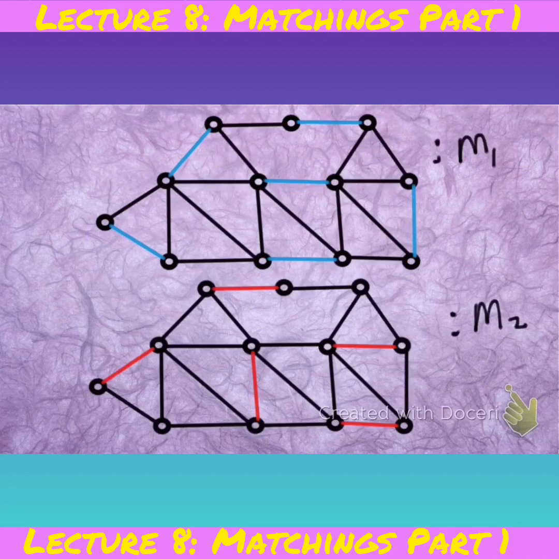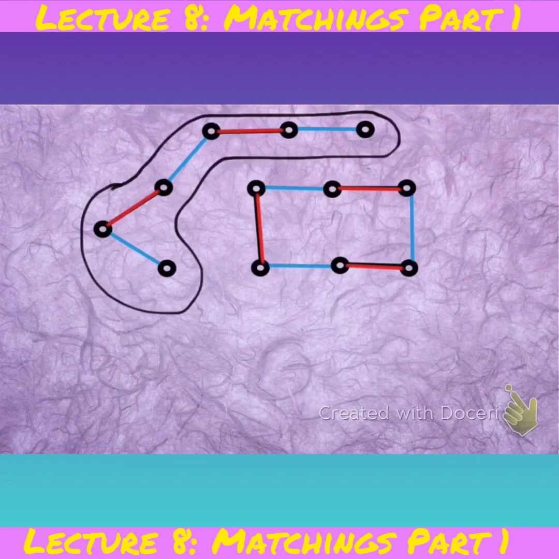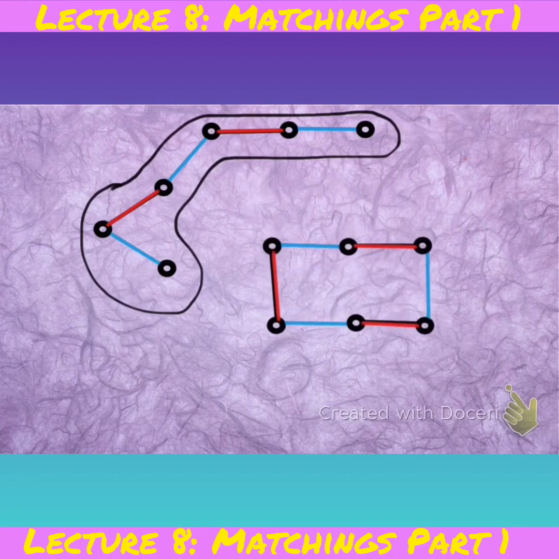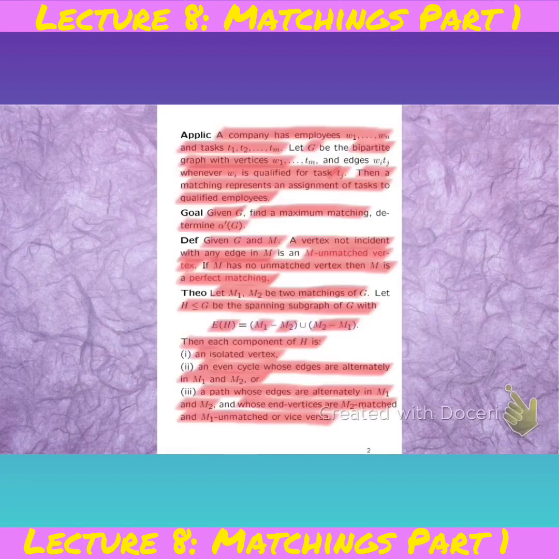If you go back to your coloring, they are M1 matched and they are M2 unmatched, right? And the other component, which is that component there, is a cycle. It's a cycle where the edges alternate between M1 and M2. It's basically this property here, and that property there that's satisfied in that particular example.